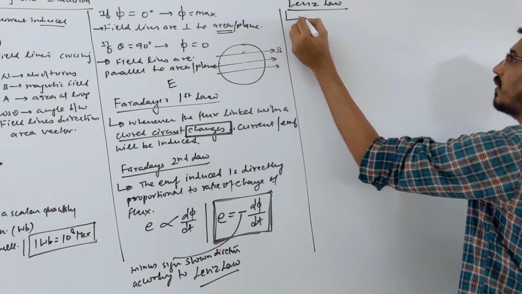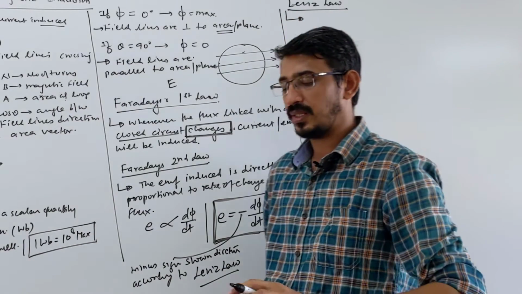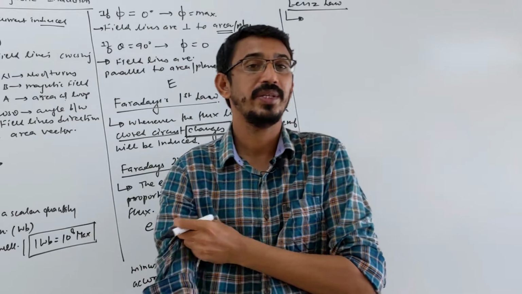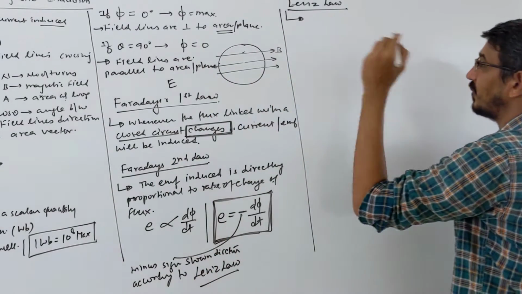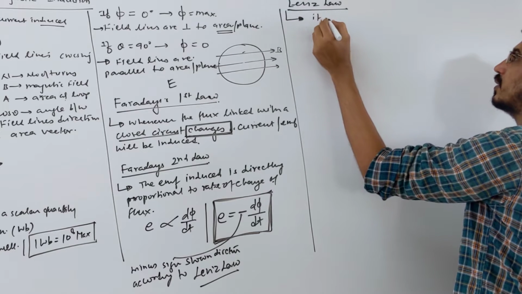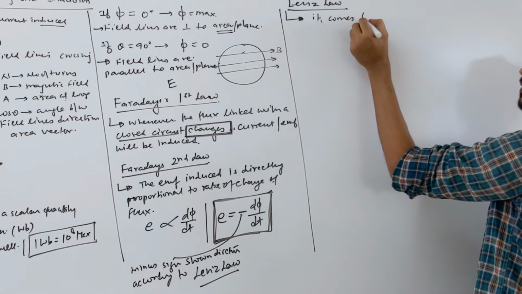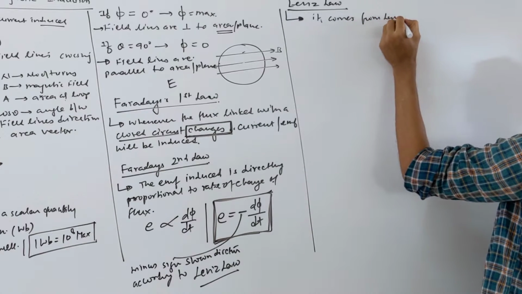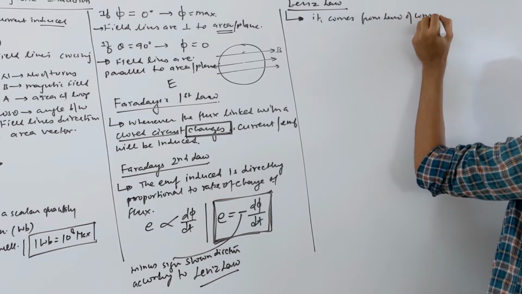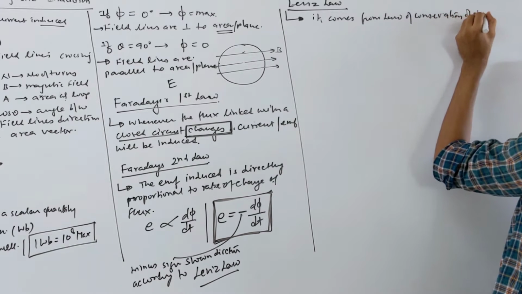Before I write what it says, it is very important to remember that Lenz's law originates from the conservation of energy. I'm writing a few words here. It comes from, or is derived from, the law of conservation of energy. Keep in mind, conservation of energy.